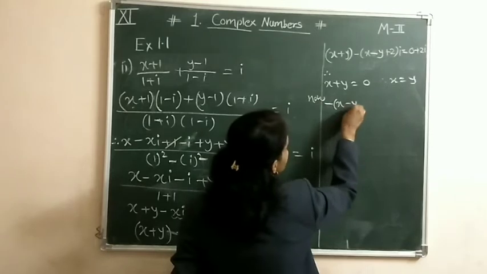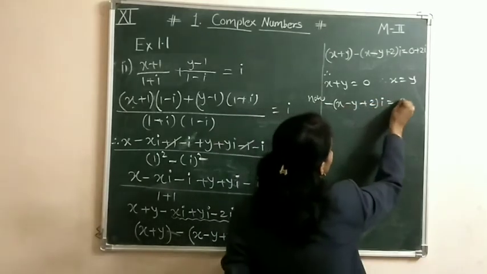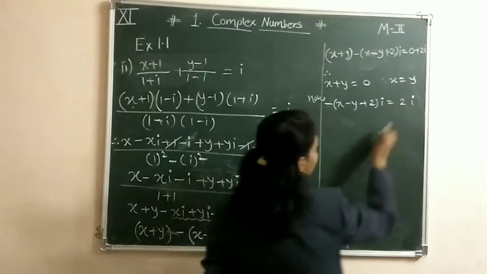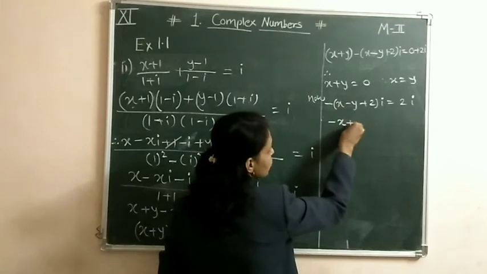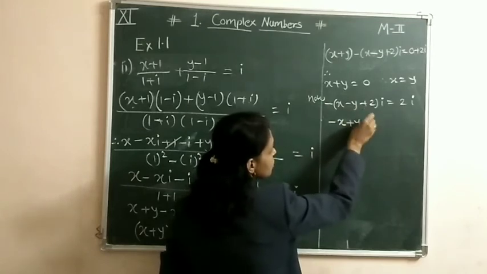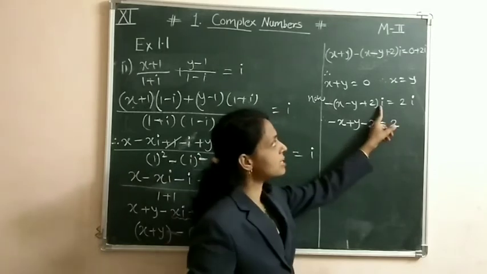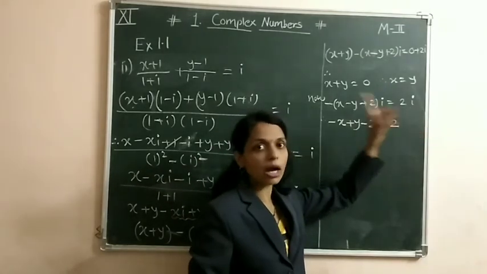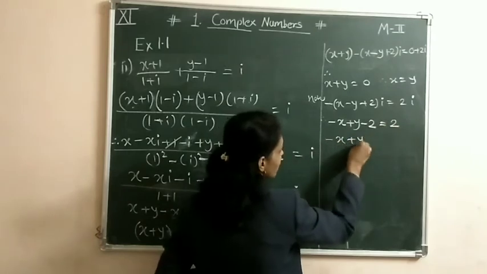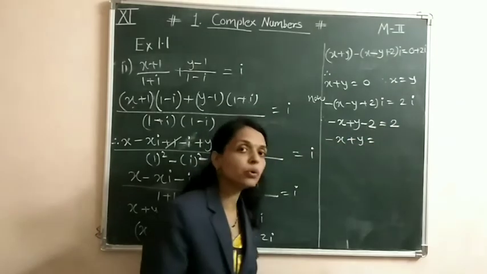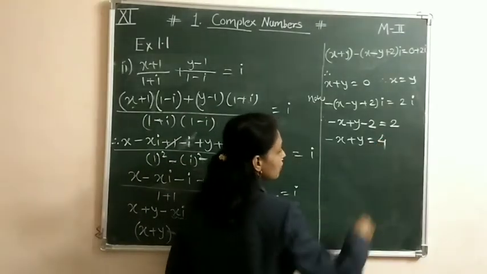Now, negative x minus y plus 2 into i is equal to 2i. Again this i gets cancelled. Therefore, negative x, negative y, plus 2 is equal to 2. See student, this i when turns to that side, i upon i becomes 1. Now take this 2 to this side: negative x minus y equals 2 minus 2, so it becomes positive 2 and 2 plus 2 is 4.